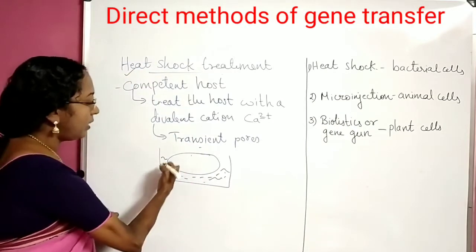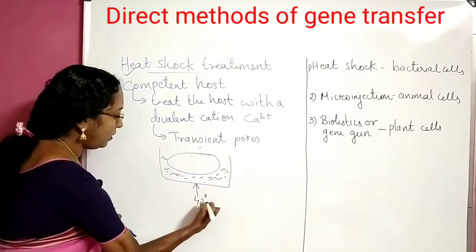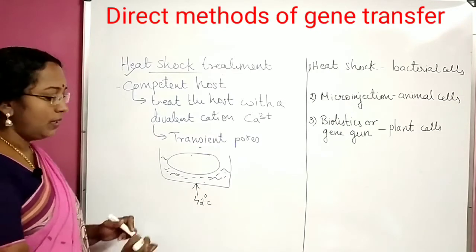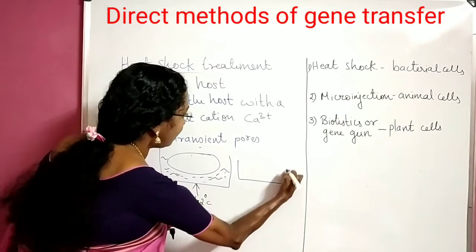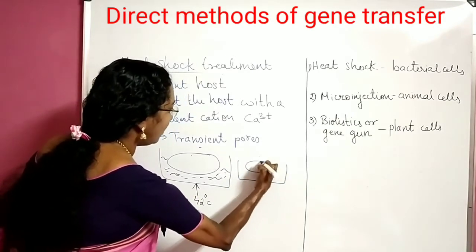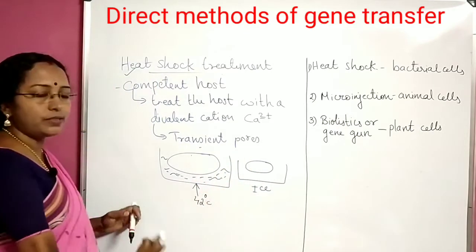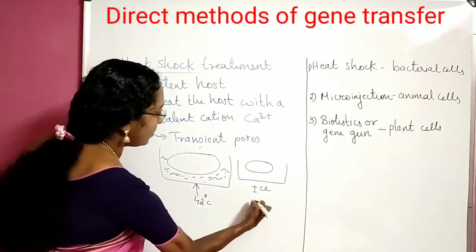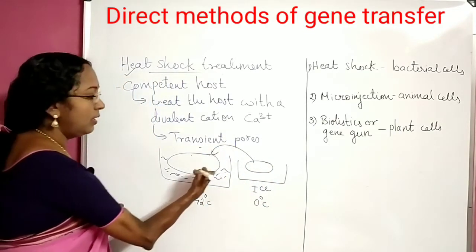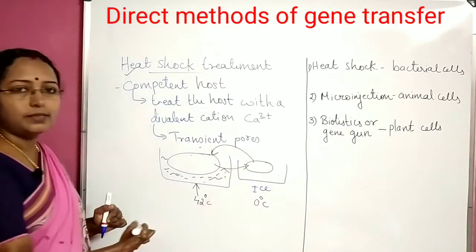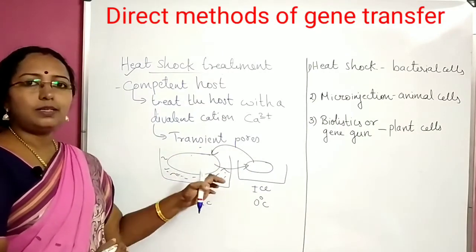That means we keep this bacterial cell at 42 degrees Celsius for some time, and after that it is transferred to a medium having ice, that means 0 degrees Celsius. Again it is brought back to 42 degrees Celsius, then back to 0 degrees Celsius. So we are just changing the temperature, giving heat shocks once in a while.